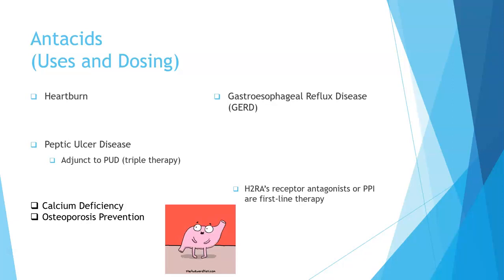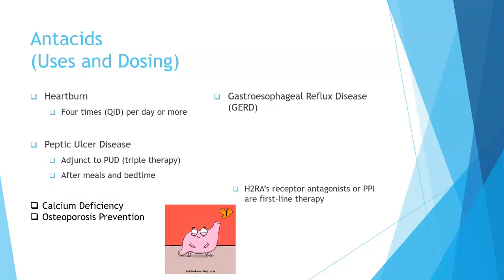Okay, we'll go into the uses and dosing. For heartburn, how would you dose an antacid? Well, 4 times a day or more. If they have peptic ulcer disease, that's an adjunct, or you may be using triple therapy. You're going to give that to them after meals and at bedtime.